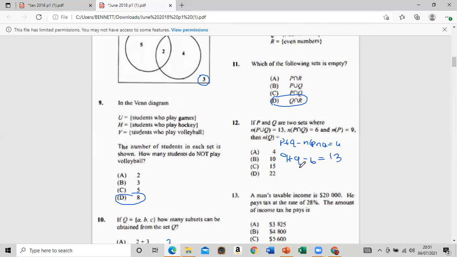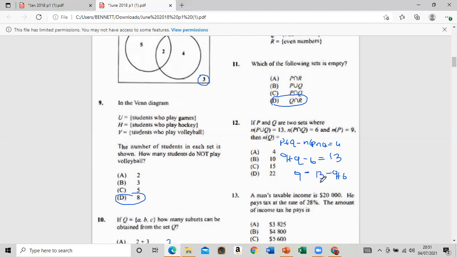So Q is equal to 13 minus the 9 and plus the 6, alright? So 9 minus that 6.